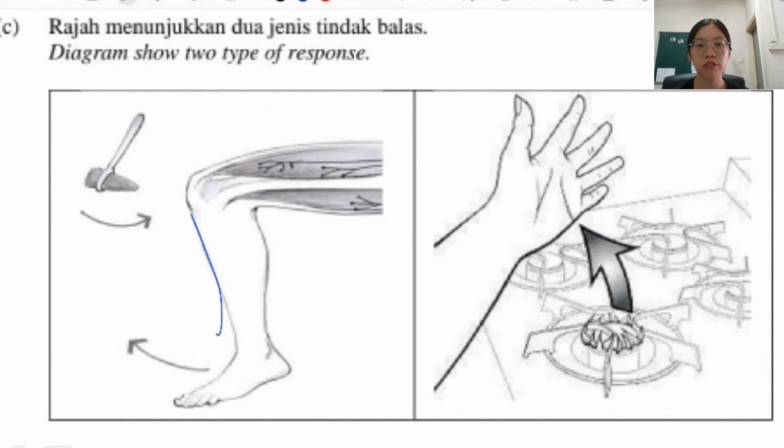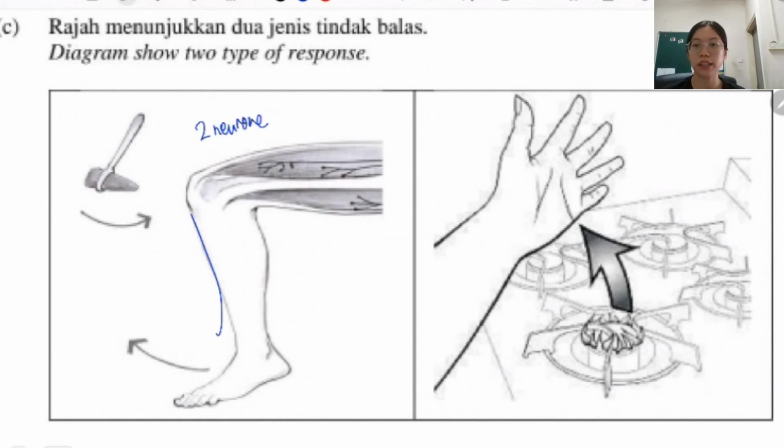For an involuntary response, it involves the spinal cord. But the main thing to differentiate between them is the reflex arc. There are two types of reflex arc: a three neuron reflex arc and a two neuron reflex arc.